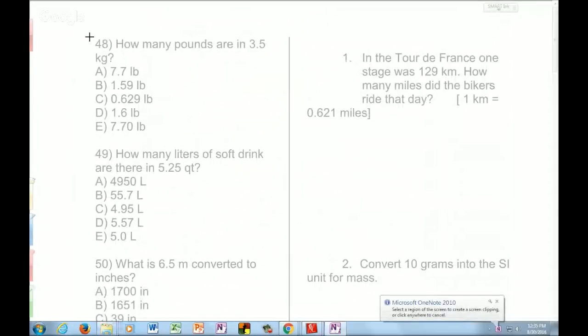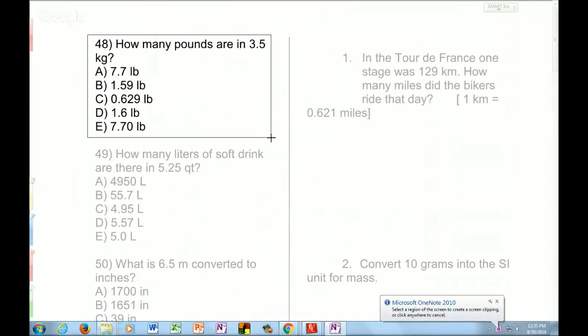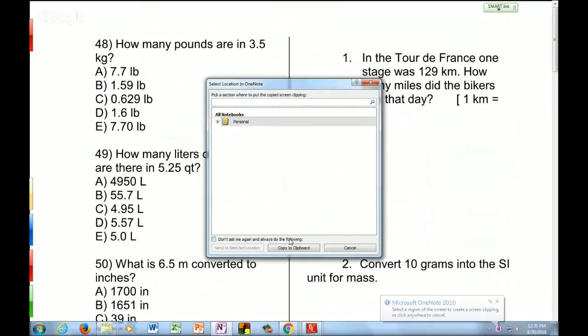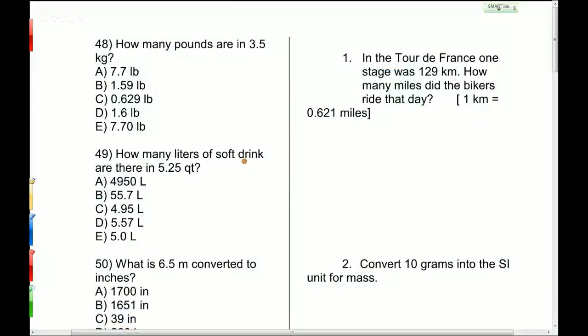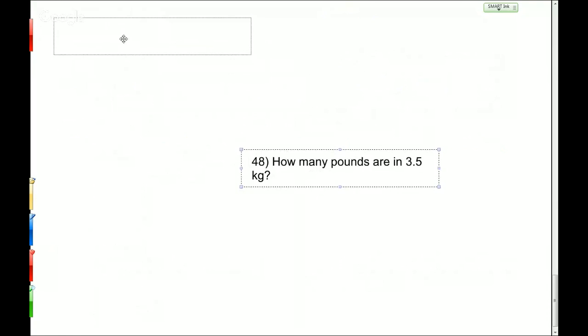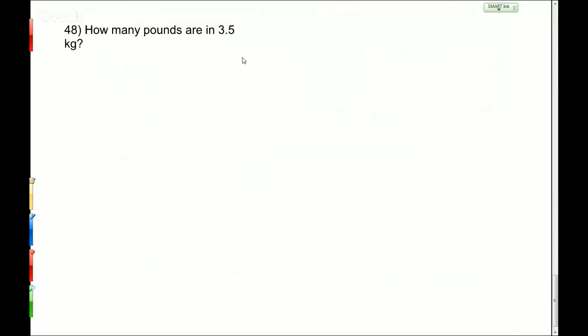But let's say we wanted to do something like this. I'm just going to grab the question. How many pounds are in 3.5 kilograms? All right. So to do this, we would set it up the same way that we've just been doing the other ones.